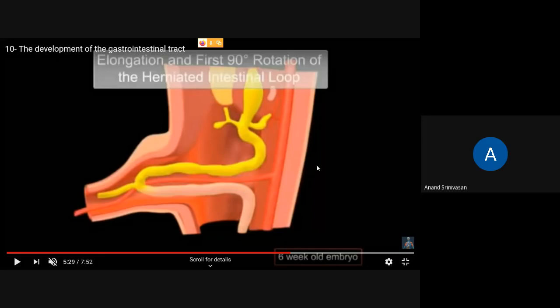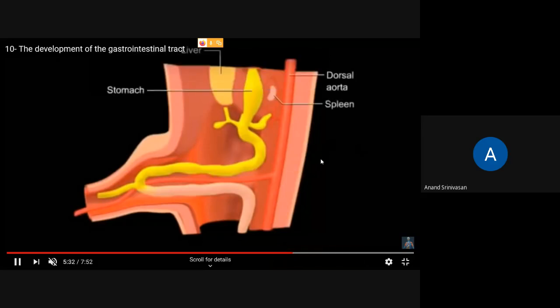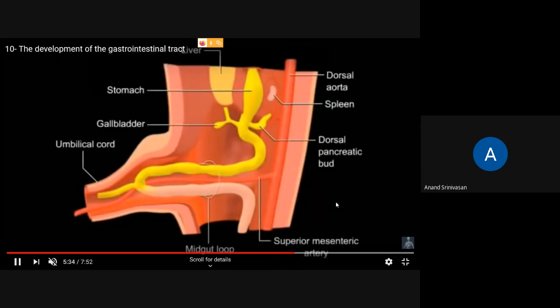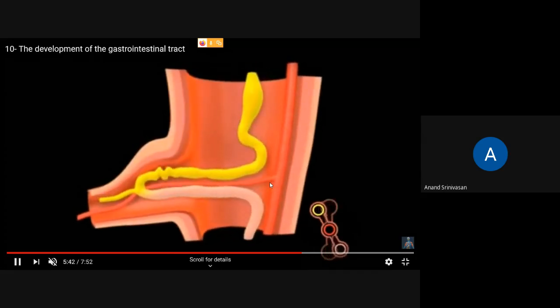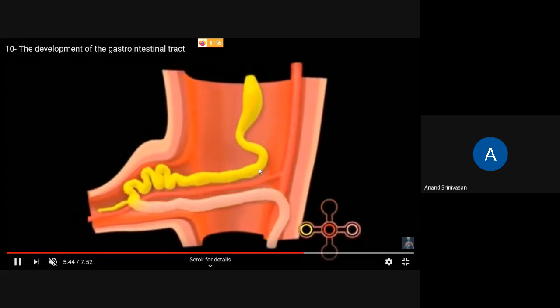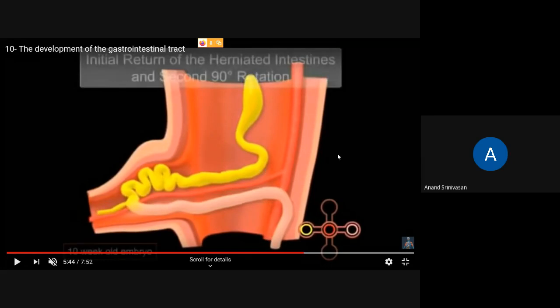Now what happens is initially there is a 90-degree rotation. Let's see. This is the midgut loop. It rotates 90 degrees, clockwise or anti-clockwise? It is initially rotating through 90 degrees anti-clockwise.